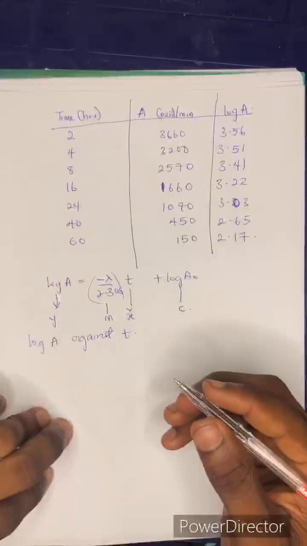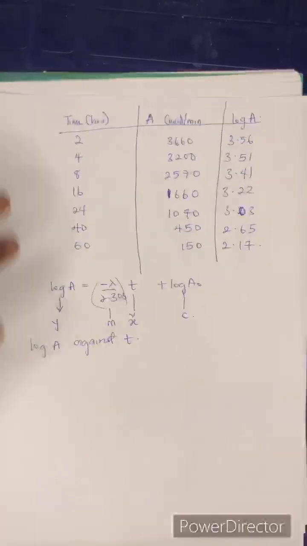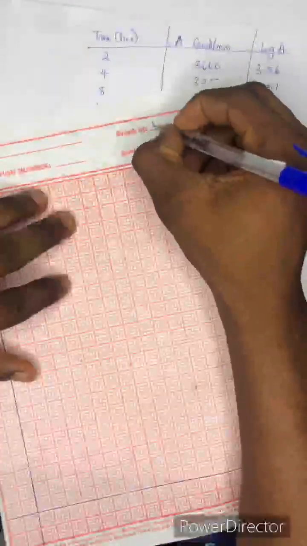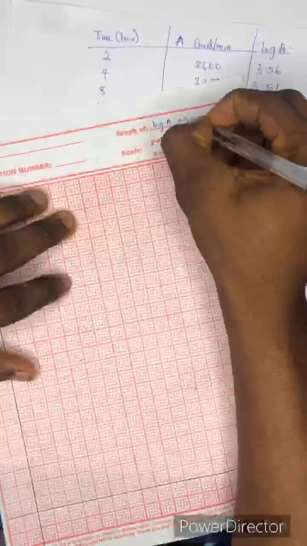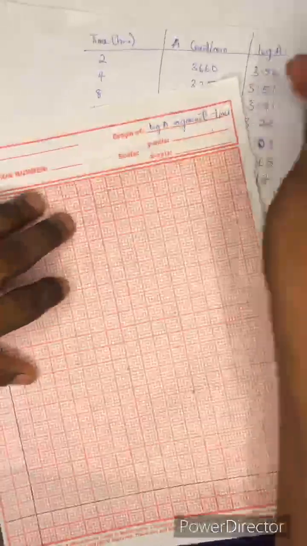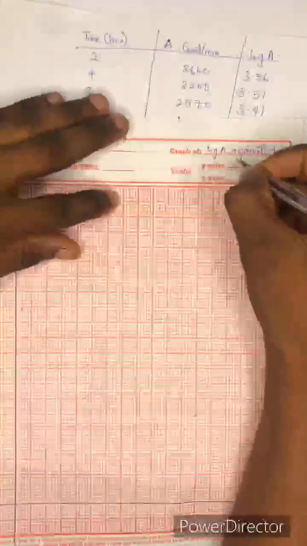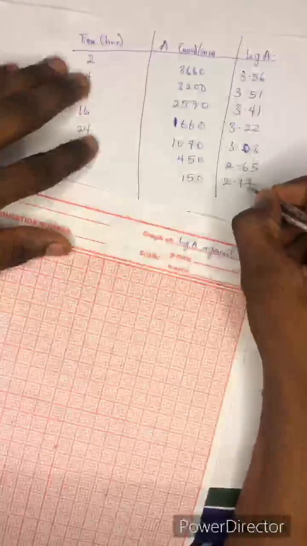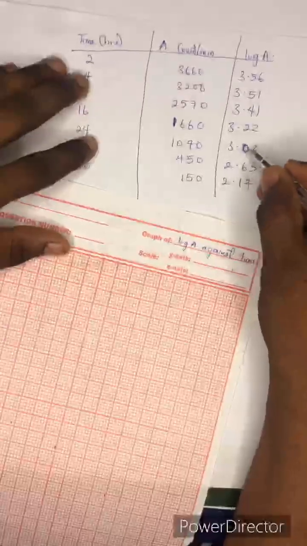So as usual, let us get our graph. Our graph is right here. Now it's a graph of log A against time. Are we seeing that? Yes, it's a graph of log A against time. Now look at the values we have on the y-axis: 2.1, 2.6, 3.0.